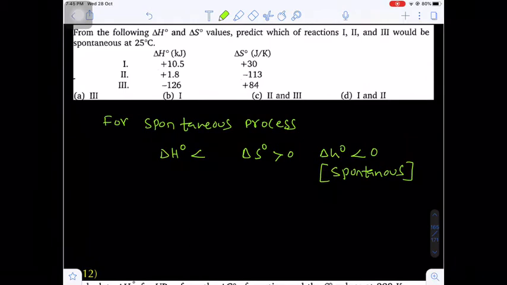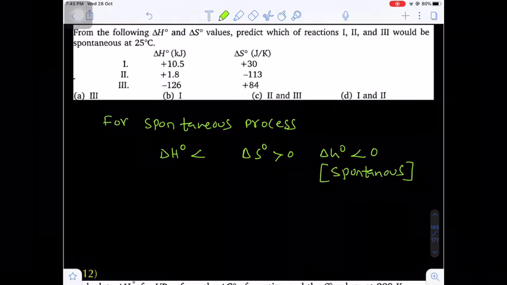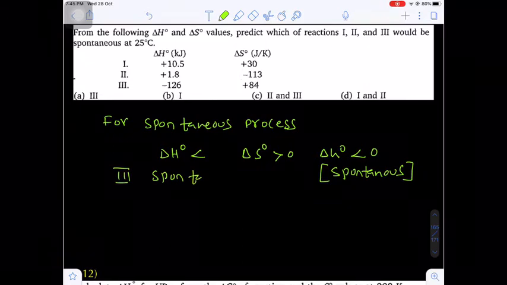The second option also has delta H naught positive but delta S naught negative. But in the third option, delta H naught is negative and delta S naught is positive, so these are the two important driving conditions for the spontaneity of a process. So according to the given data, reaction 3 is a spontaneous process. Reaction 3 will be spontaneous.